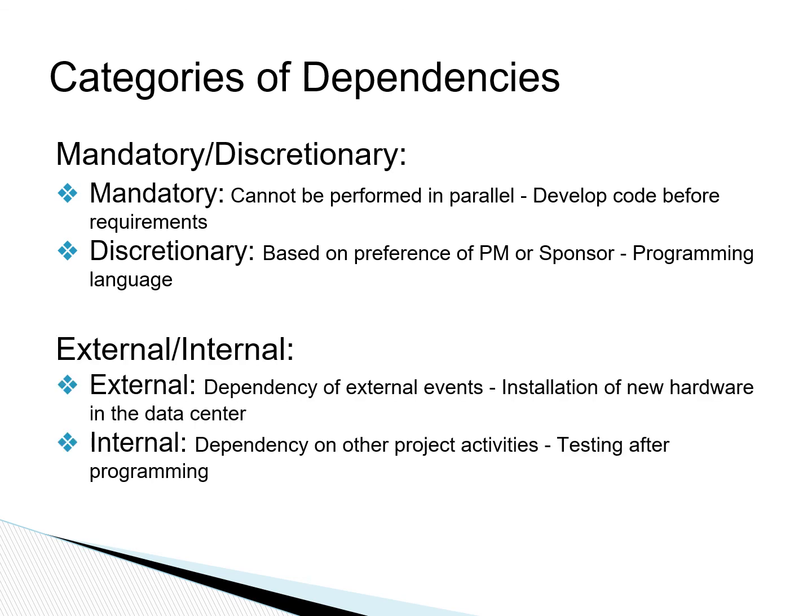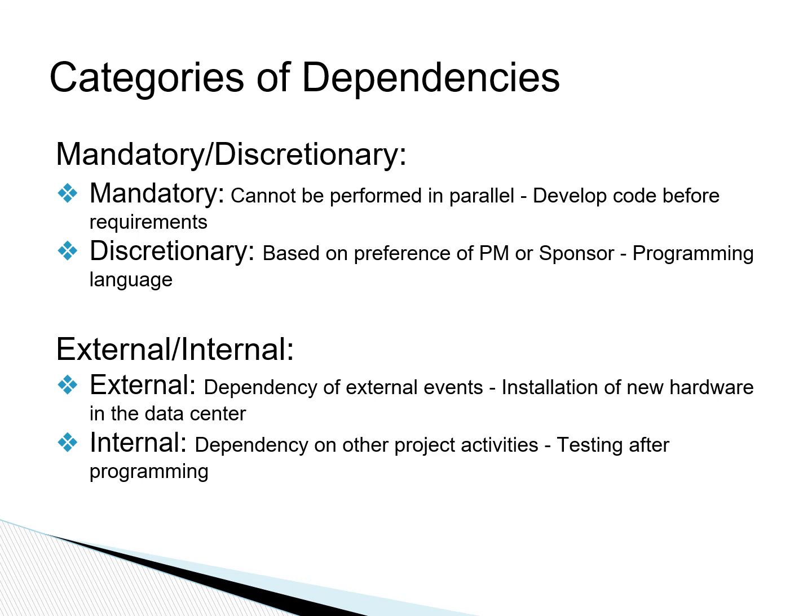Another way to categorize dependencies would be based on them being external or internal to the project. An external event or project, such as a hardware upgrade in the data center. If our activities depend on that, that's an external dependency.